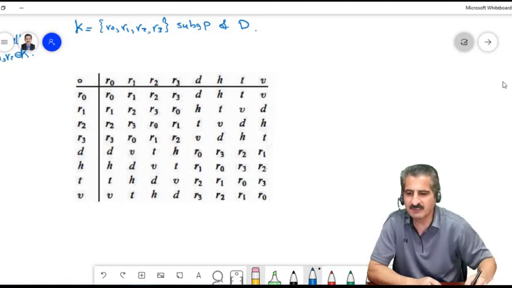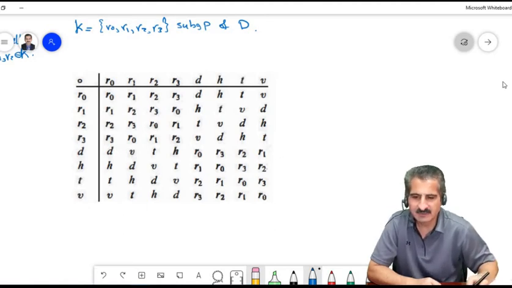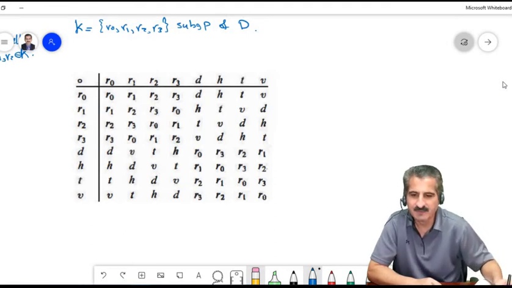What about D and T? Let's work with them. Let's multiply D times T inverse and see if that is in K or not. So what is T? Here I'm not giving you the permutations.